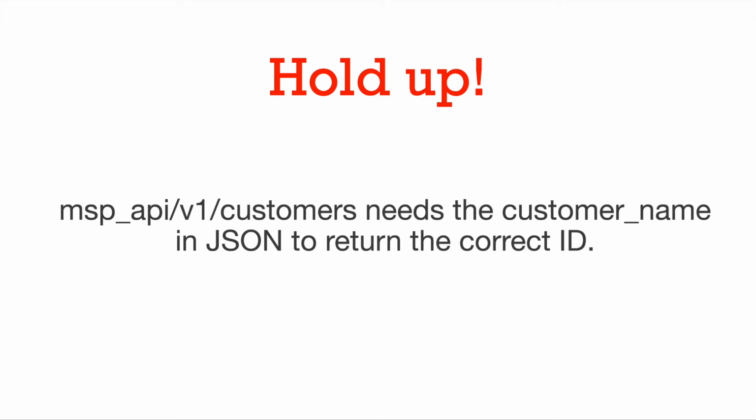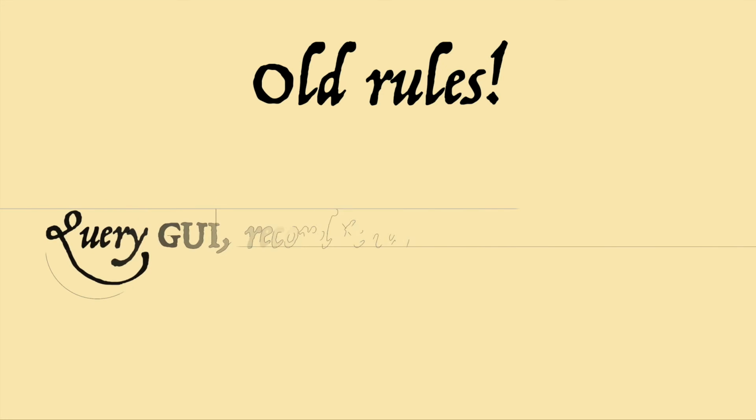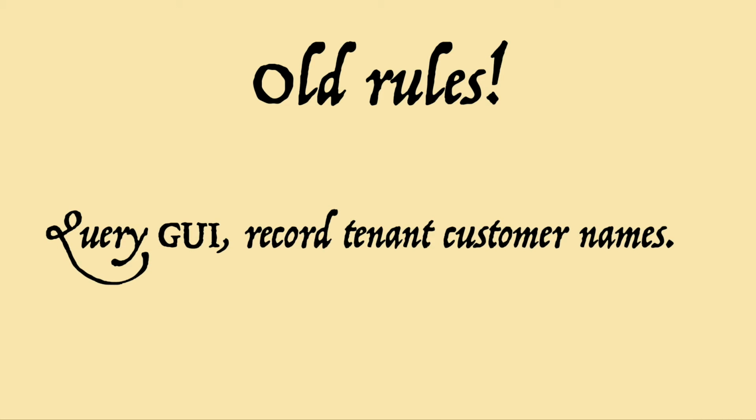But hold up, I'll come clean here, because that new API call under the msp_api customers needs the customer name in JSON to return the correct tenant ID. Okay, so there's additional information that we need there to make that call. So the old rules might be that we query the GUI and we record down all of our tenant customer names, and then we put those into our API calls. You know, point and click with our mouse to obtain the data, and then we can go on programmatically. But that's the old rules. Here's where the fun begins.